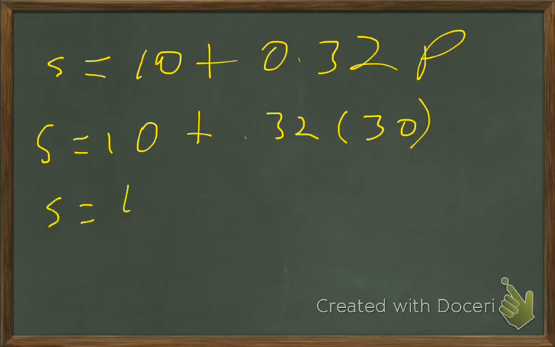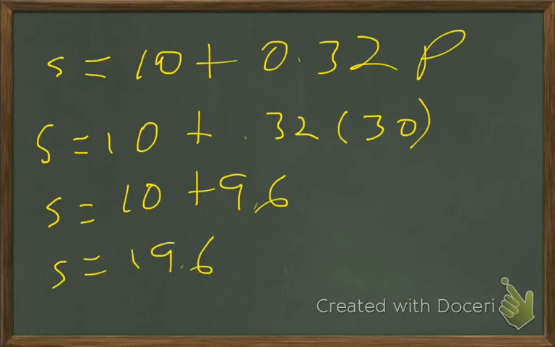So S equals 10 plus 9.6, which is 19.6. Rounded, that's approximately 20 sit-ups based on 30 push-ups. So there is that example.